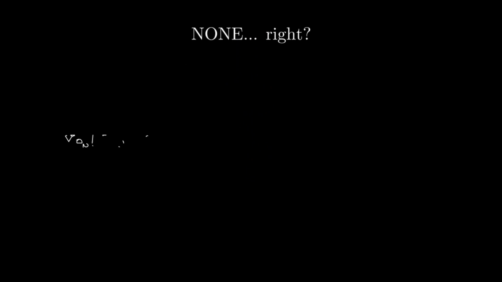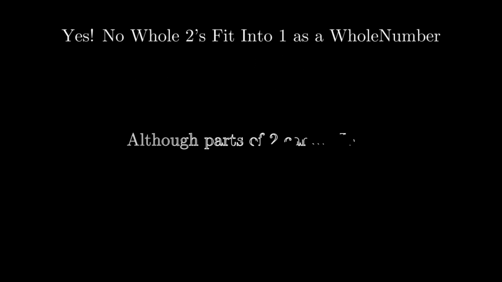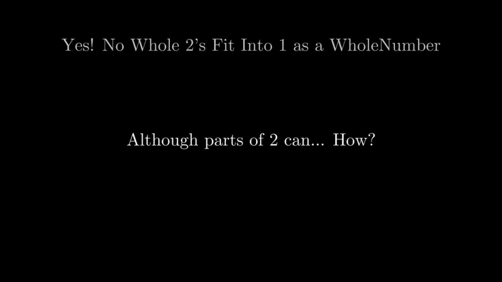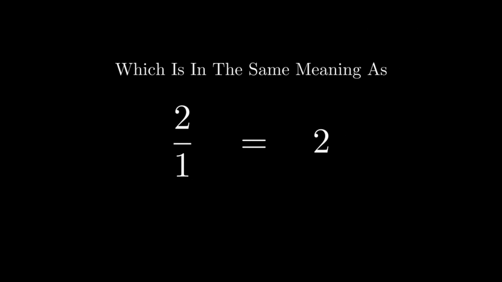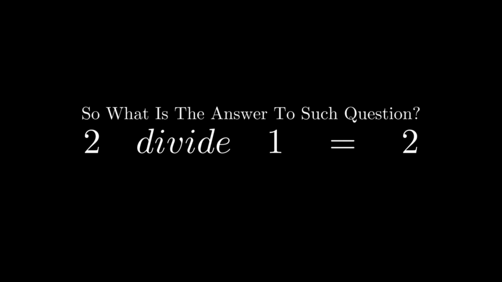But there are parts of 2 that fit into 1 as a whole number. For example, 2/1 equals 2 because 2 whole number 1's fit into 2. This is the same as 2 divided by 1. But what does 1 divided by 2 give?